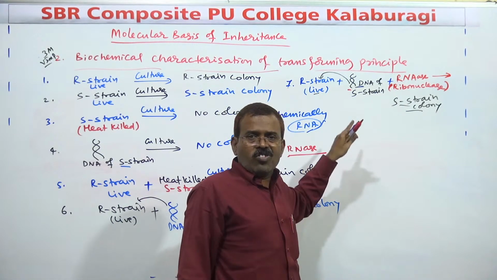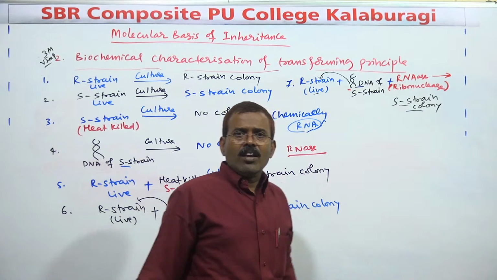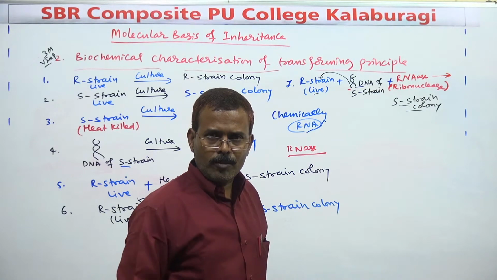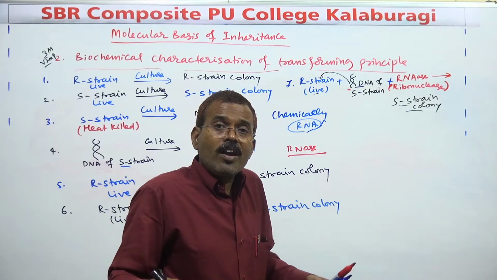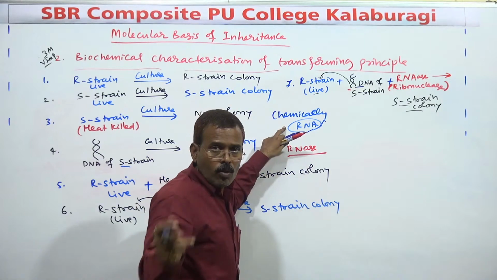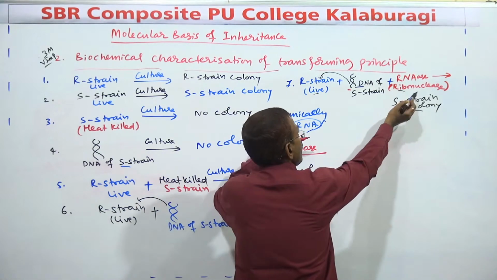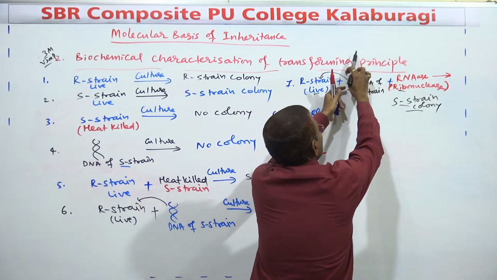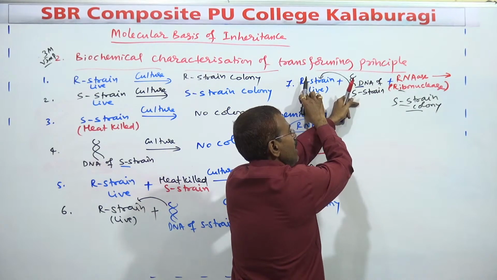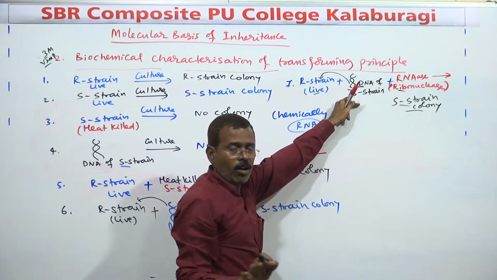So what does this step indicate? RNA is not the genetic material. Suppose RNA had been the genetic material, it would have been digested by this enzyme. That means this material would not be there. If this material is not there, we can expect R strain colony only.